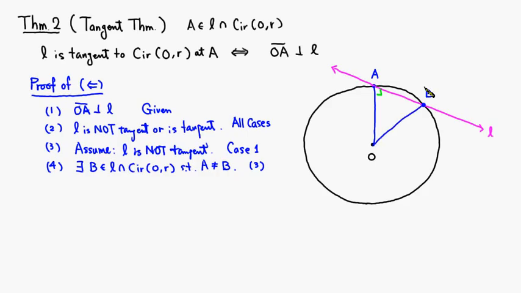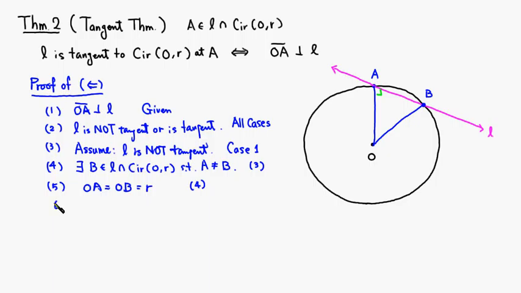Since A and B are on the circle, we know that 5, OA is equal to OB, which is the radius. This comes from the fact that B is on the circle, so you have 4.